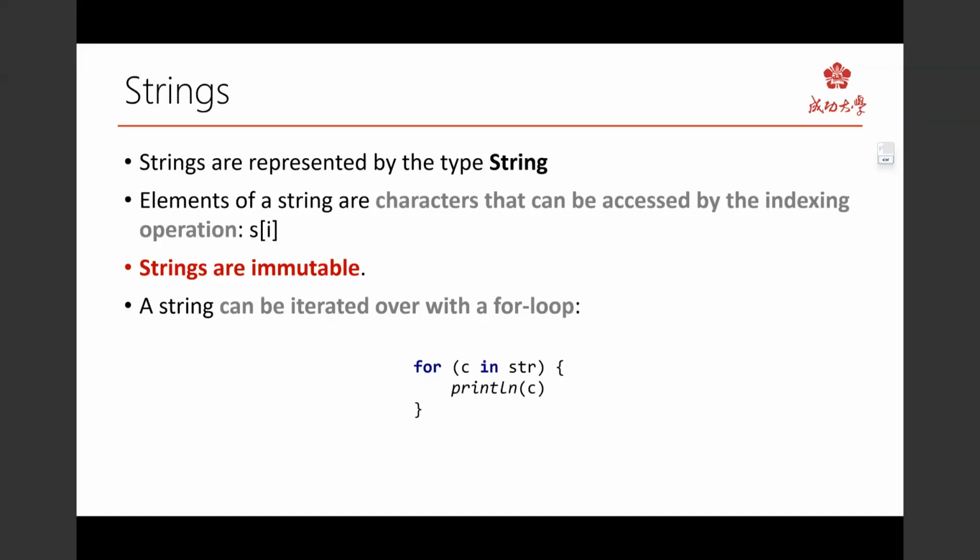Say suppose you have a string over here which is initialized to ABC, for example. Because strings in Kotlin are immutable, we cannot say something like this. This is not allowed because strings are immutable. Immutable means non-modifiable once they are created.